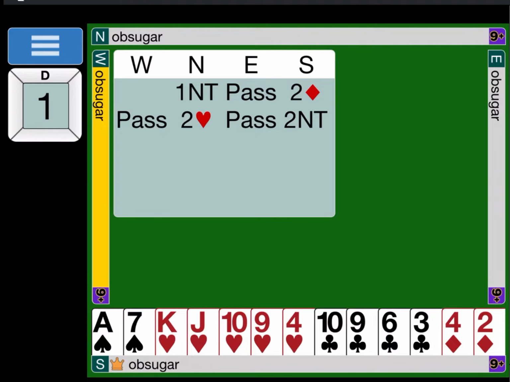Right? With 1 diamond pass, 1 no trump pass, 2 diamonds, 2 hearts pass, 2 no trump, we are showing a 5-card heart suit and invitational values. So we're asking partner to go to game if they have something extra. If they're at the top of their range or have a really impressive 15 or something.